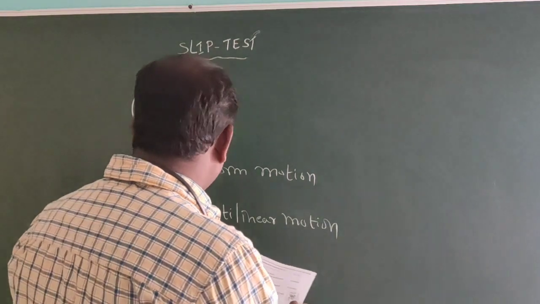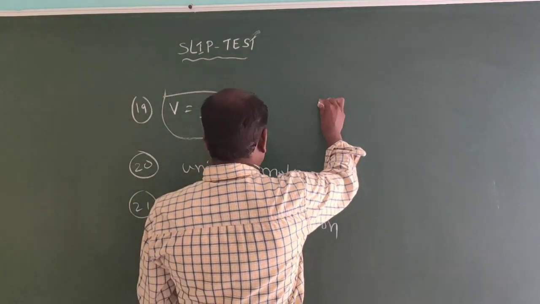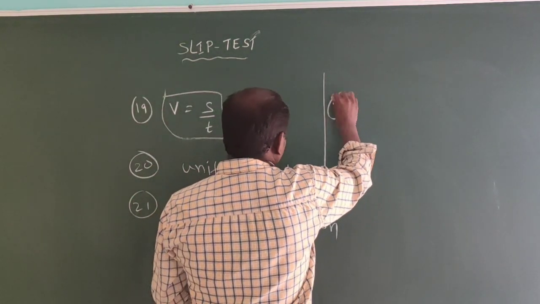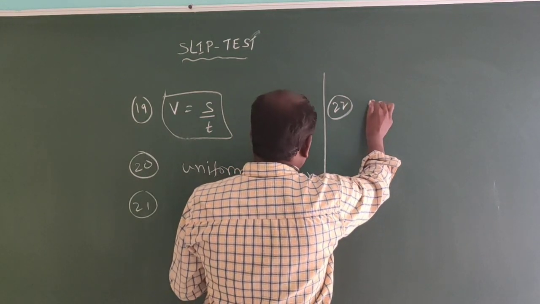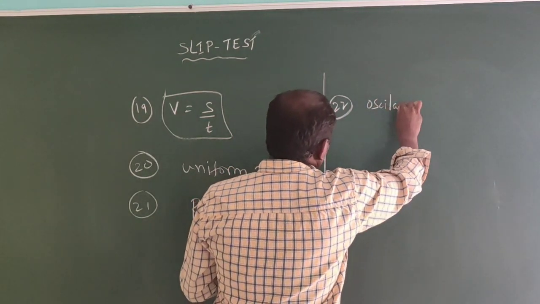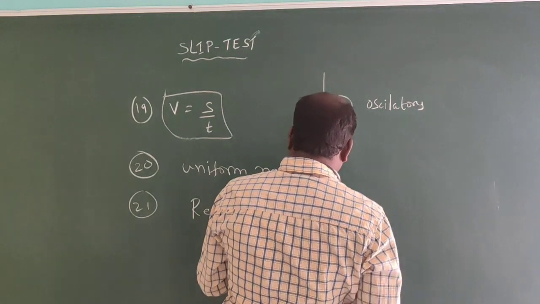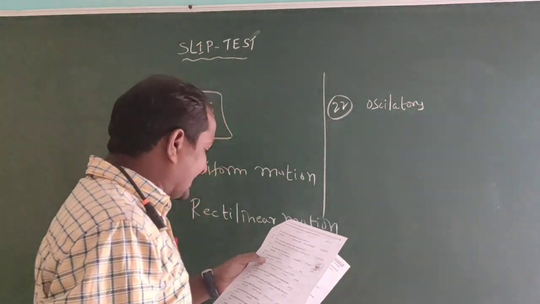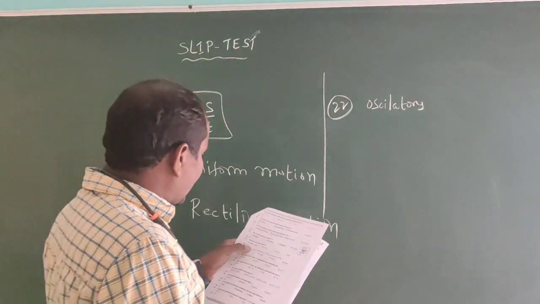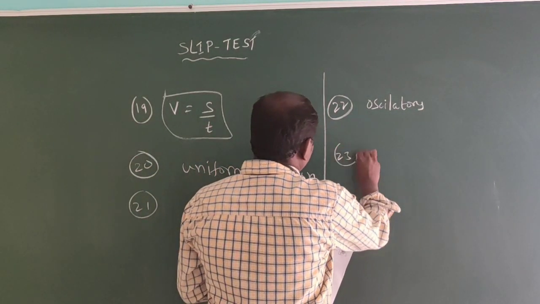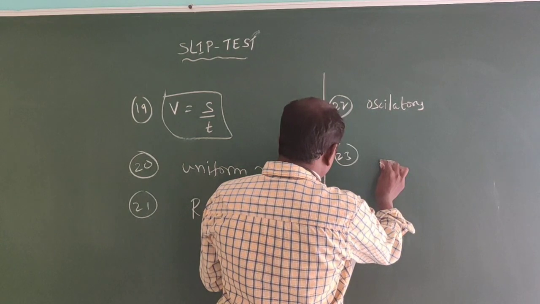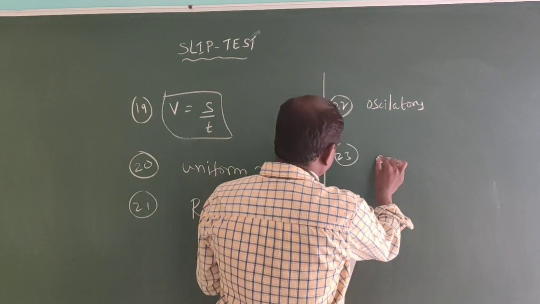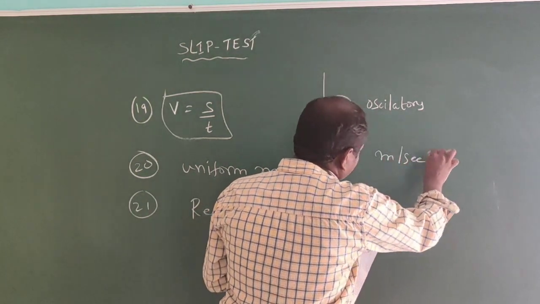That is oscillatory motion. 22nd one, oscillatory motion. The SI unit of speed is meter per second.